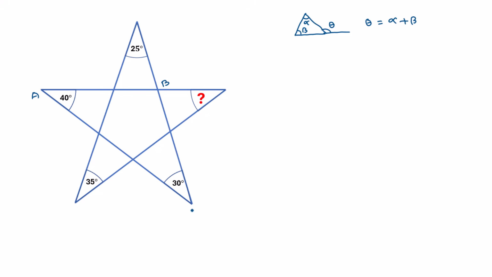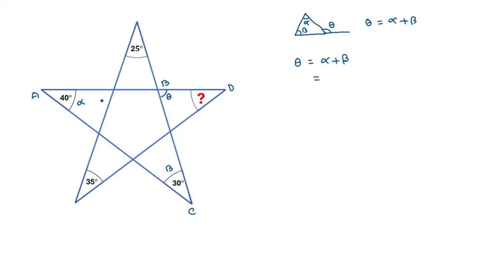Now apply this theorem in triangle ABC. In this triangle ABC, consider this side AB is extended to point D. If this angle is alpha, this angle is beta, and this exterior angle is theta, then by this theorem we can write theta is equal to alpha plus beta.